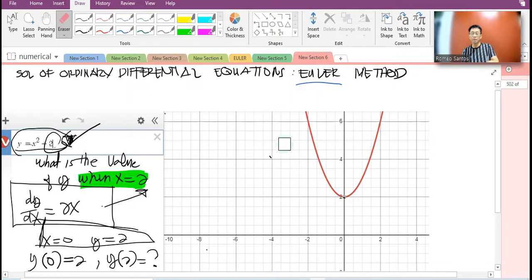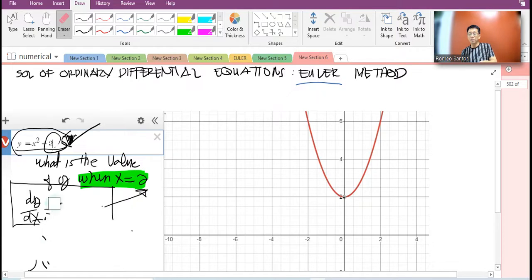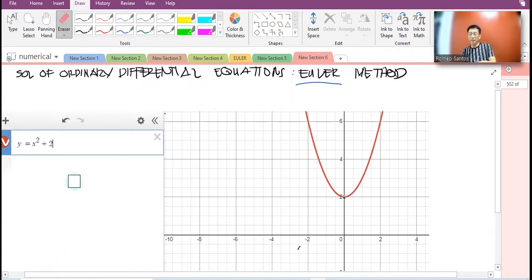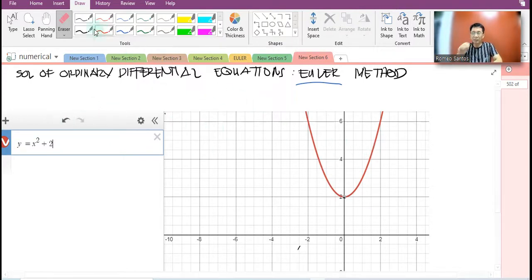Kasi yung solution niya, masyadong napakadali. Very, very simple lang. Parang kahit high school matututo mag-solve ng differential equation using Euler method. Kasi nga yung gamit lang yung algebra lang. Arithmetic lang yata yung gamit. So, ganito yan.